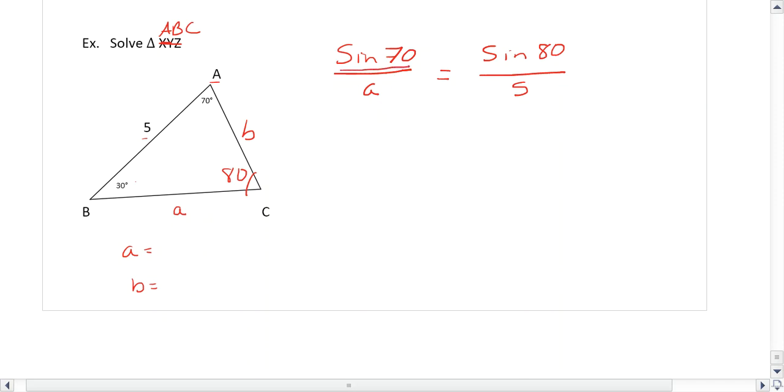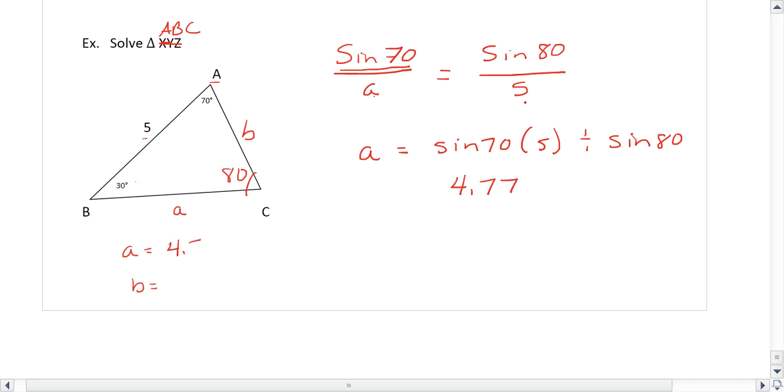So if you take sine 70 times 5 and then a times sine 80, we need to divide both sides by sine 80. So the work on the calculator to find your little letter a becomes sine 70 times 5 divided by sine 80. Punch that out on the calc, and then for letter A we should get, rounding off to the nearest hundredth, 4.77.